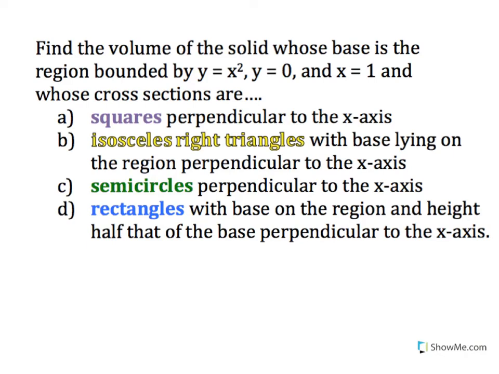The first case is cross sections are squares. Remember, since it's with respect to the x-axis, we are going to be doing things with respect to x, so dx here. The bounds are still going to be 0 to 1 because the region met at the origin. And since it's a square, we're going to be integrating s squared dx.